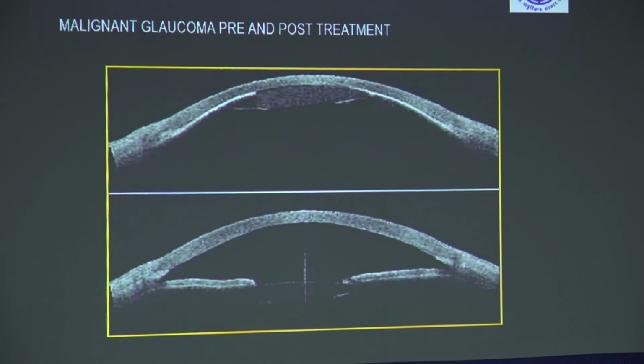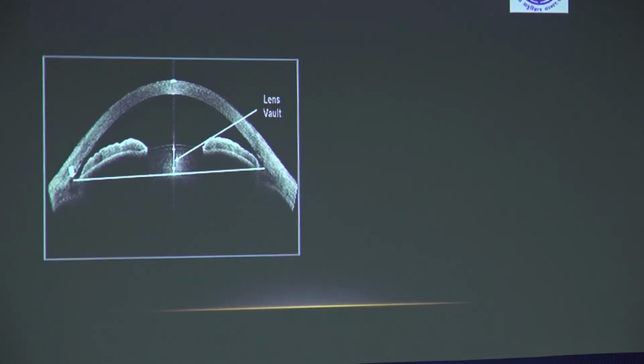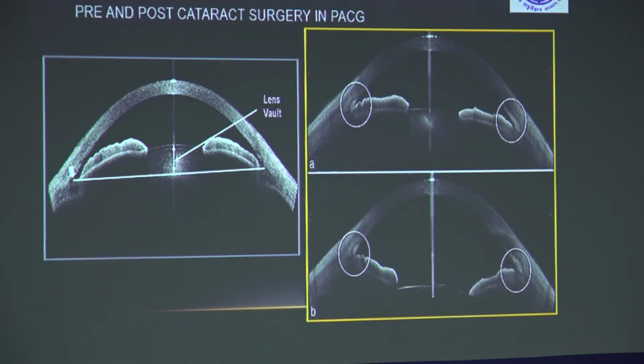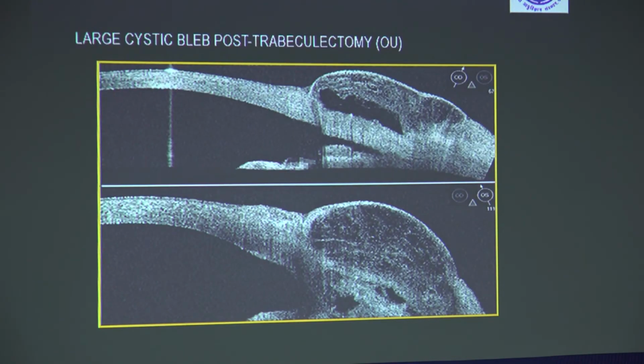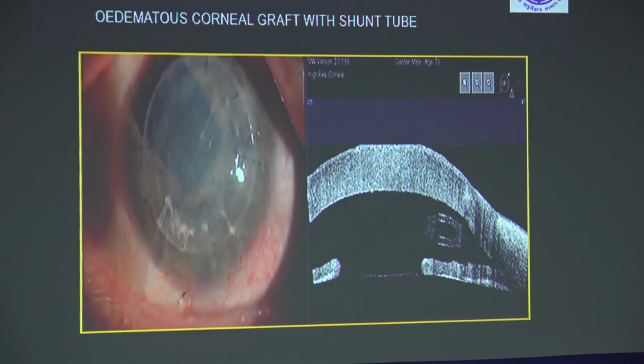As far as glaucoma is concerned, yes, you can use this modality even in malignant glaucoma. You see that the central anterior chamber depth is completely obliterated, and subsequently, after treatment, after hyaloidotomy, the anterior chamber is deepened again. Apart from this, you can see the angle structures and the bleb morphology.